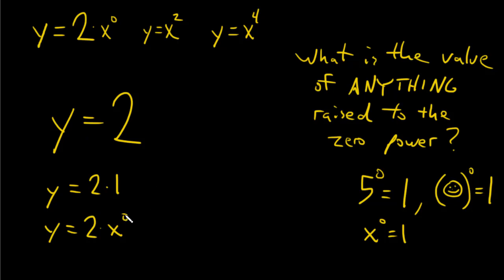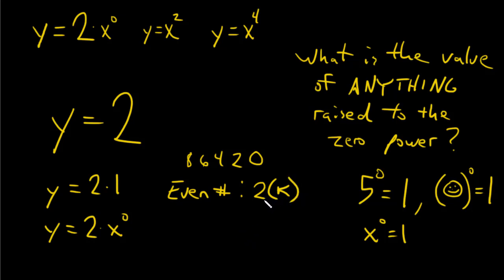Okay, and is 0 even? Well, if we count down by 2's, we start out at 8, 6, 4, 2. These are all evens, right? 0. 0 is also even. It turns out that the definition of an even number is one that can be written as 2 times any integer. In other words, it's divisible by 2 evenly.